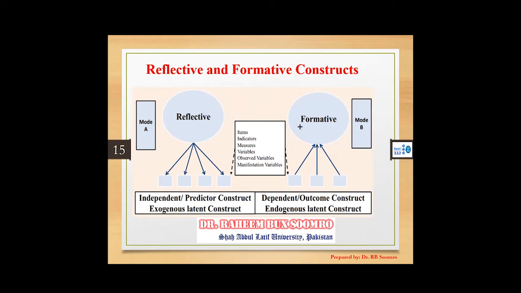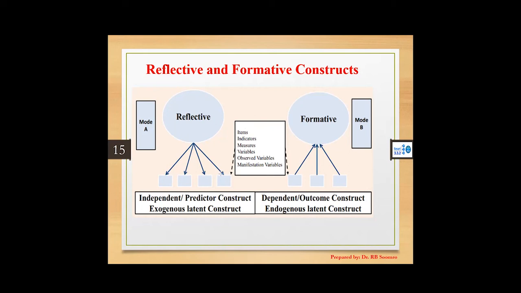And formative means that when 3 or 4, whatever number of indicators, combine to make one variable. See here, 3 items are there and combined they form one variable. Here the arrow points from the indicator to the variable. So this is the difference between the reflective and the formative.